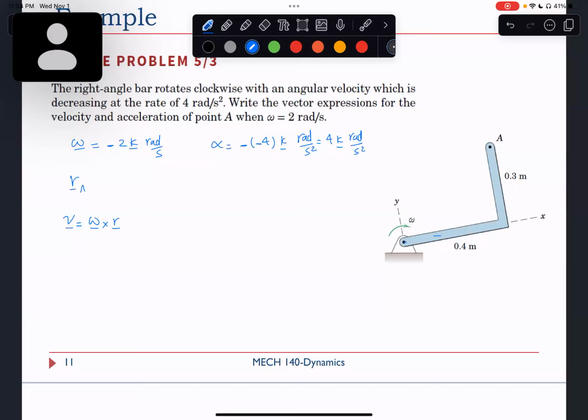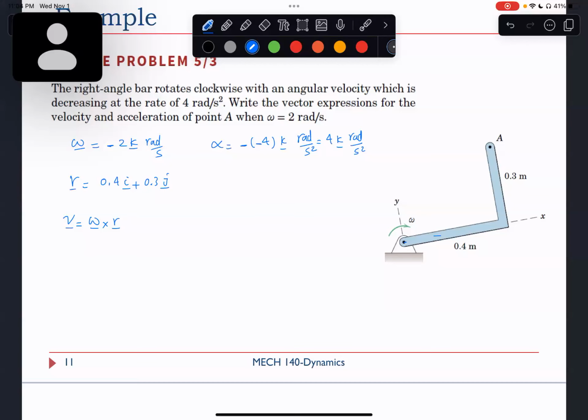Note that the x-axis and y-axis are given. X is along this r. So if I want to write it in ij notation, r is 0.4 i plus 0.3 j.